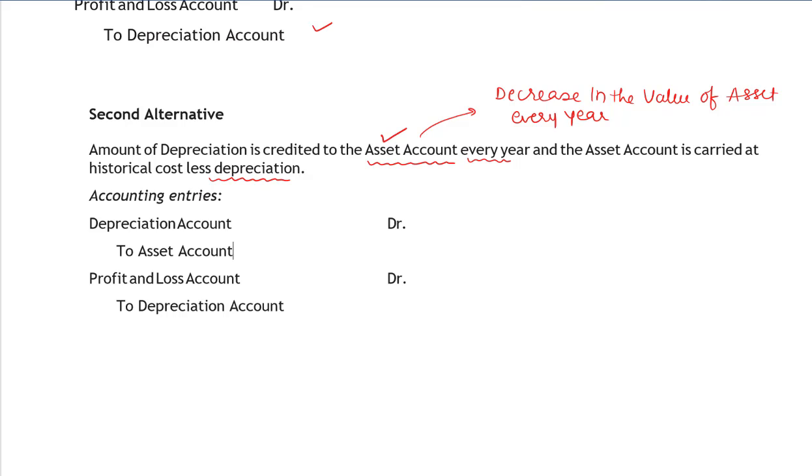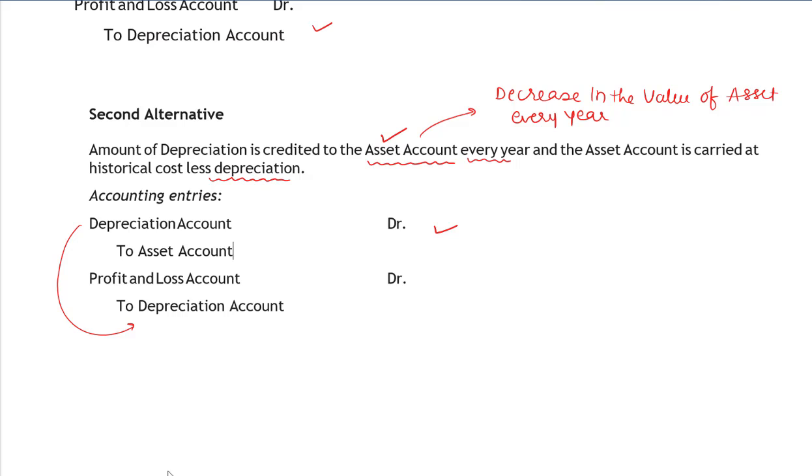So the accounting entry will go like this: depreciation account debit, as it is a nominal account, to asset account, and the next entry will be profit and loss account to depreciation account.